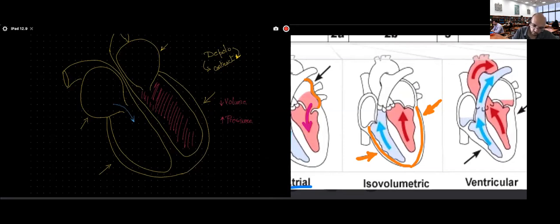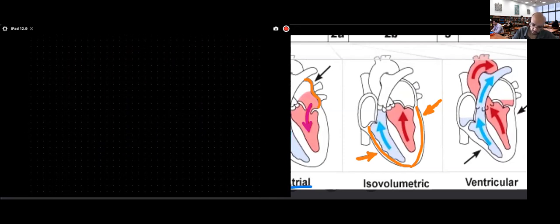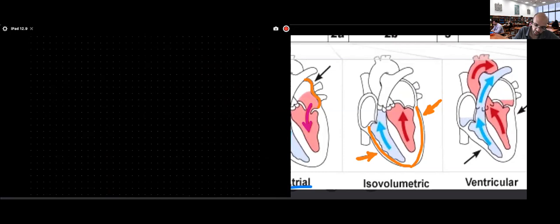the blood is going to be trying to move to the side with lower pressure. In this case, I'm looking just at the left side of the heart, for simplification; the same thing is going to be taking place on both sides, right and left.